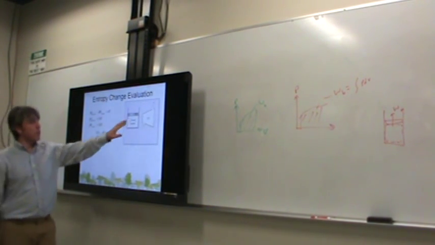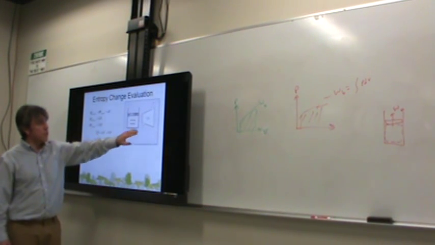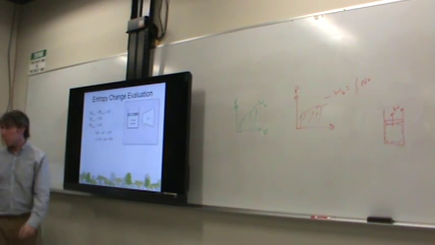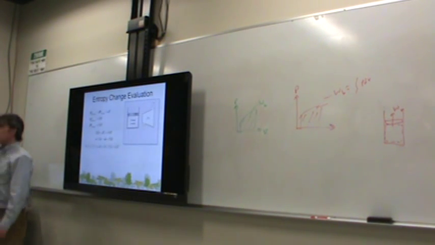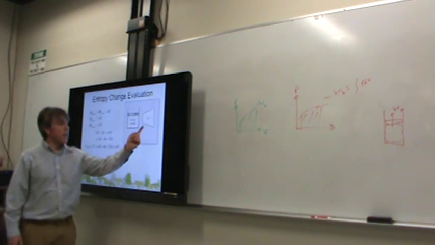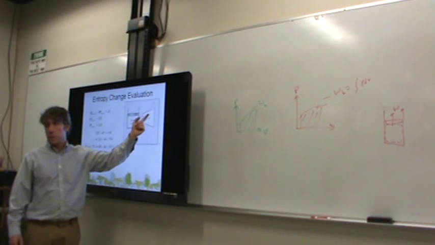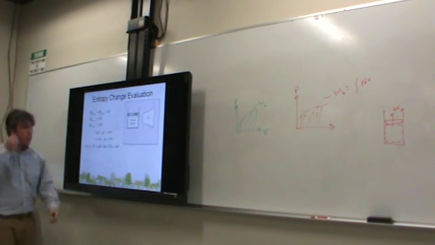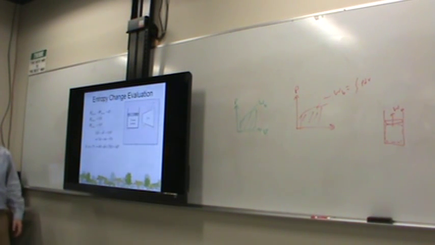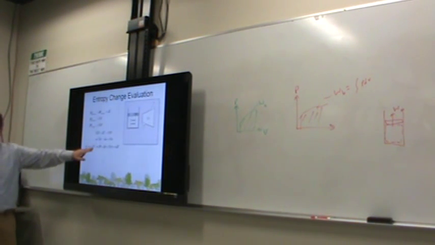It turns out, even though we're talking about a closed system, this will work for an open system as well. Okay, so what we're about to derive relates entropy of a fluid flowing through a system to properties of that fluid as it flows through the system. So it'll work for both of these. Okay? Remember that enthalpy is U plus PV.